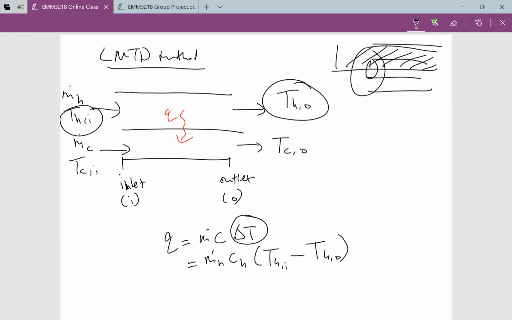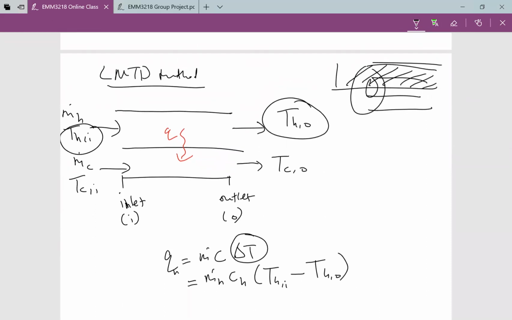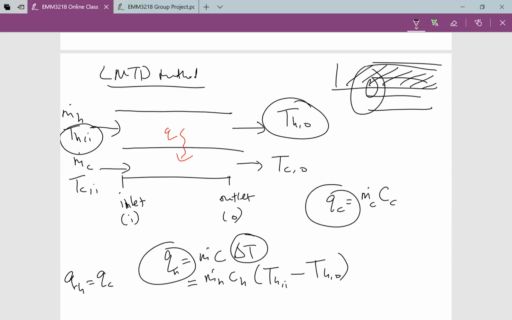This is also equal to the Q for the cold fluid, because one is losing heat and the other is receiving heat. For the cold fluid, it is m dot of the cold fluid, C_p for the cold fluid, times delta T. Here delta T has to be T cold out minus T cold inlet, because the outlet is hotter. Make sense? All right.